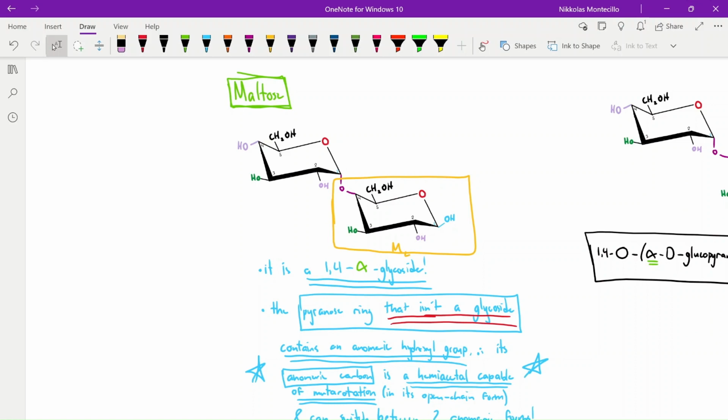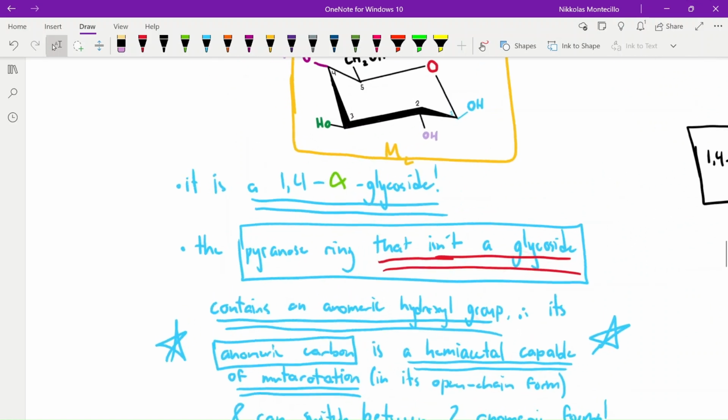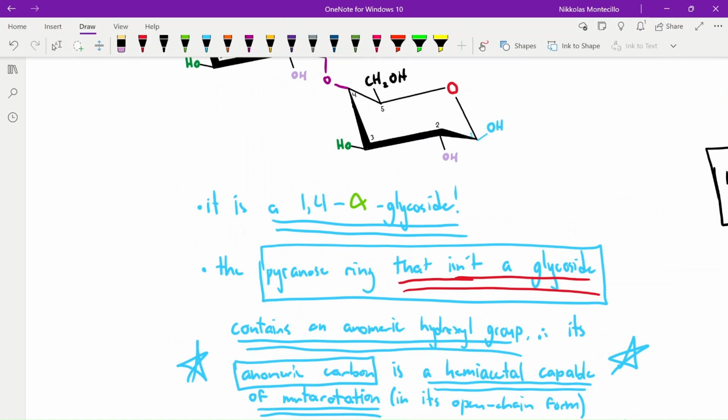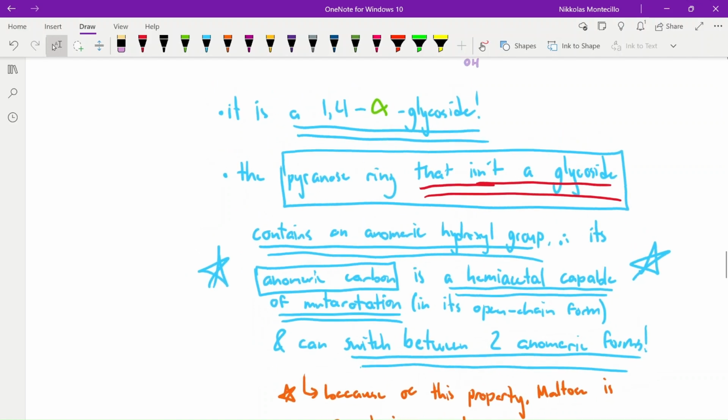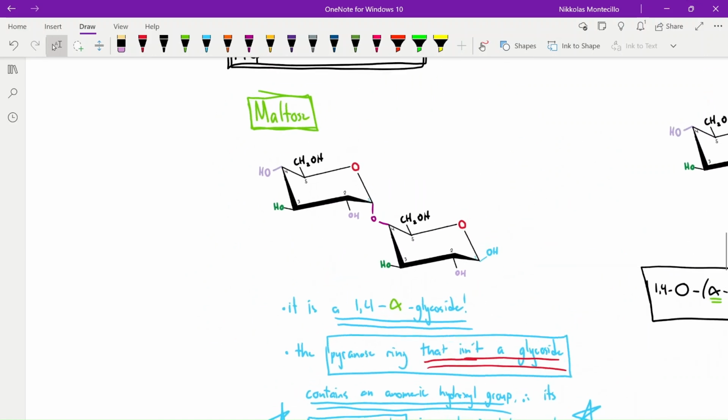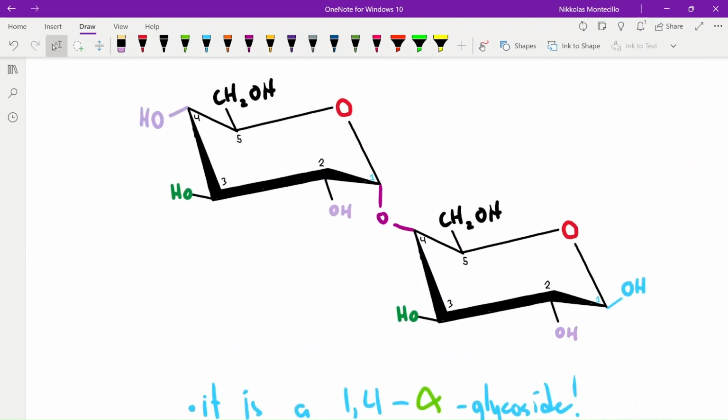Monosaccharide 2 contains an anomeric hydroxyl group, and therefore its anomeric carbon is a hemiacetal capable of mutarotation in its open chain form and can switch between 2 anomeric forms. So, because of this property, because maltose contains an aldehydic hydrogen atom, or because it exhibits mutarotation, maltose is capable of acting as a reducing sugar, meaning it is capable of reducing a compound in the process of becoming oxidized.